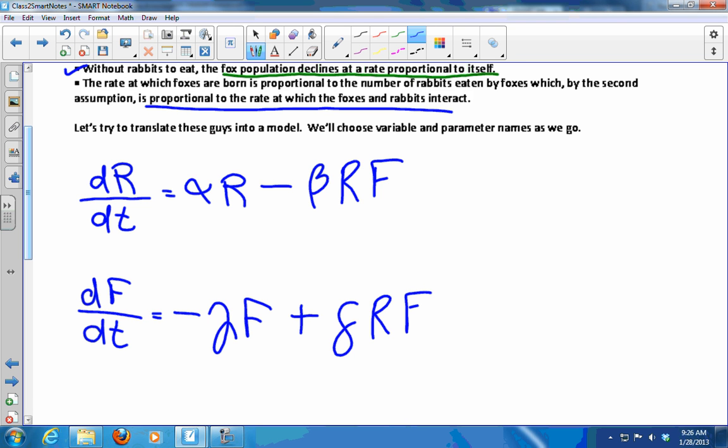So we're using beta as a way to roll up the fact that rabbits are faster than foxes, and sometimes they interact, they don't get eaten, and the fact that R times F isn't really the number of times they interact, it just does what we want it to. So we're using beta to adjust. And when you do real mathematical modeling, you do this all the time, and then generally you would play with this in a computer, and you just keep trying different values of beta until it gives you the correct kinds of predictions.